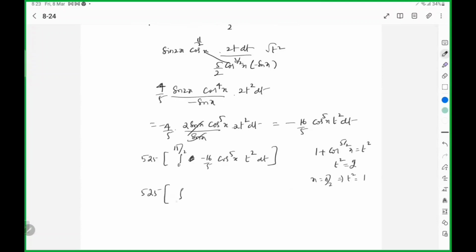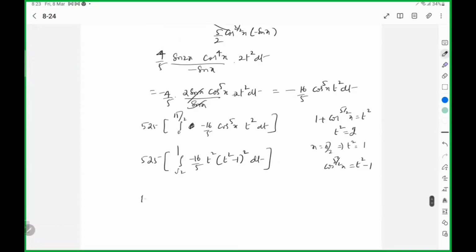And you get root 2 to 1 of t square, cos power 5 by 2 x is t square minus 1. So 5x means whole square dt. So it is 105 into minus 16 t square into 2t square.